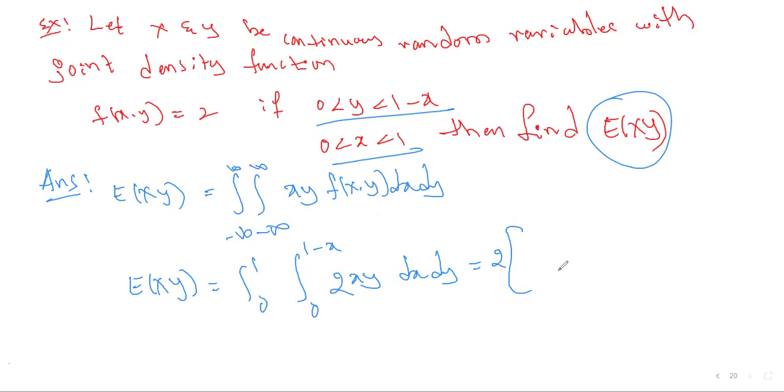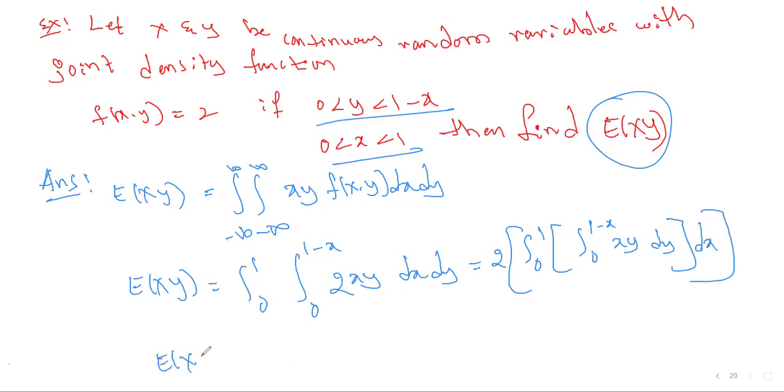So 2 is out of the integration, so we'll take it outside. Now 0 to 1, open bracket. So here 0 to 1 minus x, xy, because 2 is already taken outside. Now dy, because it is the limit of y, so dy into dx, right?